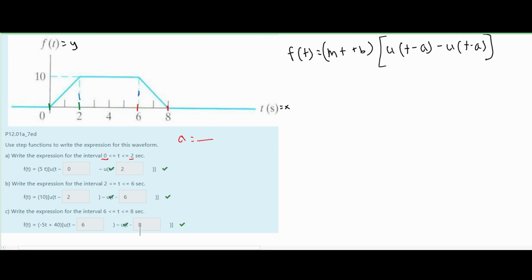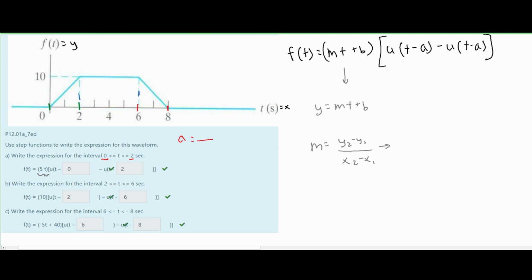Now, if we weren't given the actual slope, for each of these, we are given a slope right here. However, if we weren't given it, it's easy to find. We're just going to use the slope formula, so we'll kind of bring this down. It's going to be y is equal to mx, or mt in this case, plus b. We know that our m is equal to y2 minus y1 over our x2 minus x1.